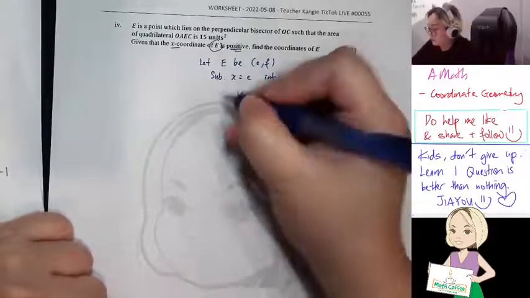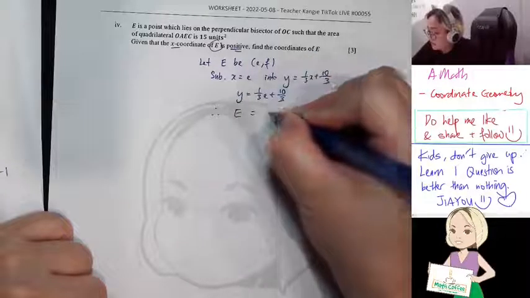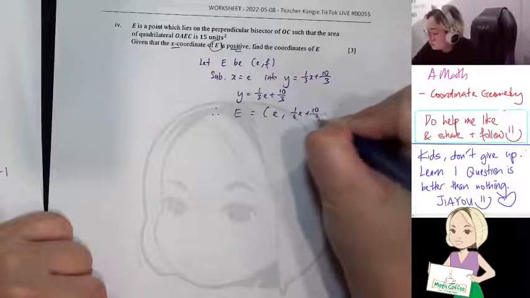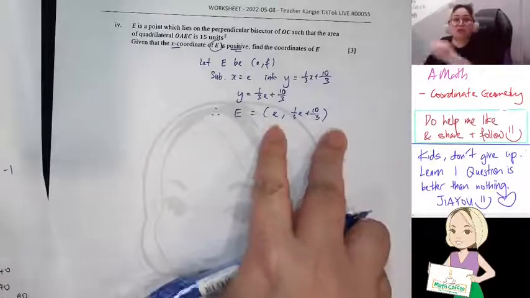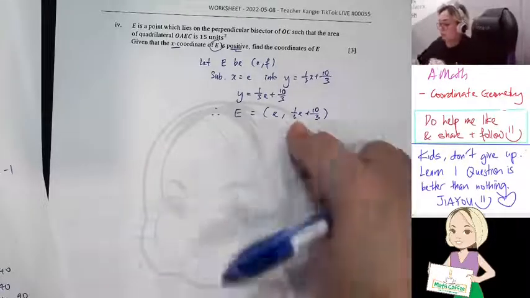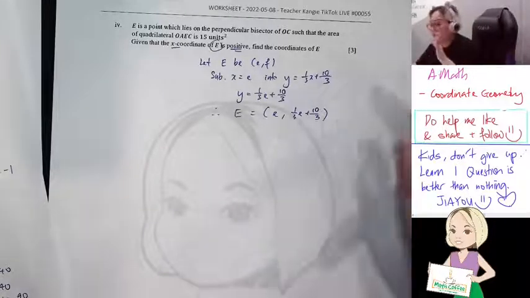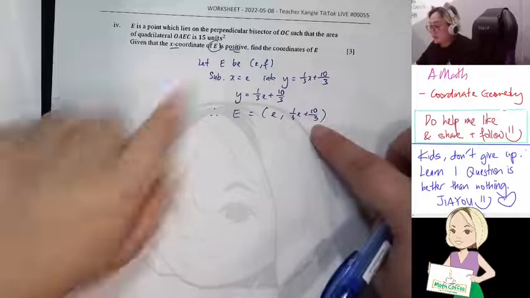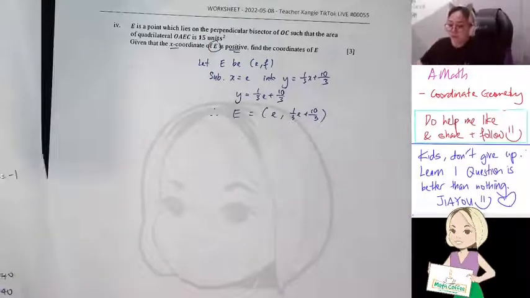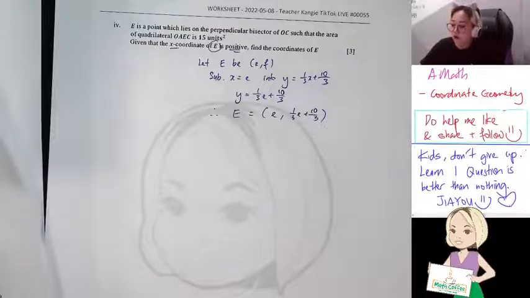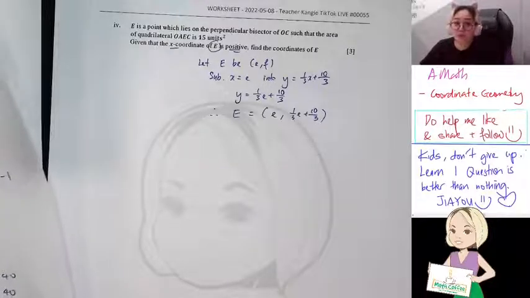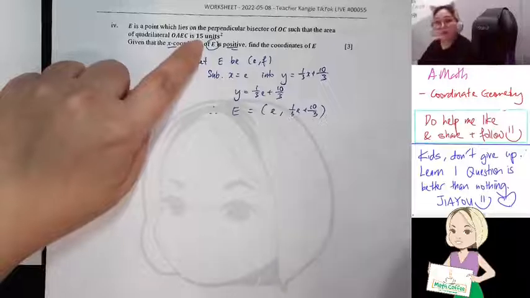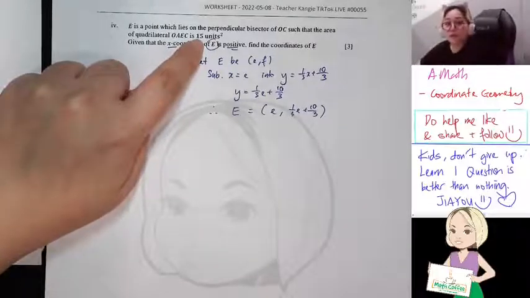So my point E is actually E comma 1/3 E plus 10 over 3. It only has one unknown, the E. So with this, I can use the shoelace method to form an equation to solve for E, because they give us the area is 15.